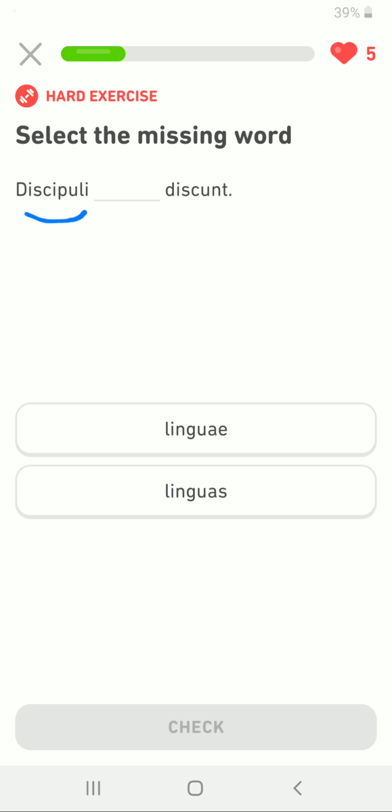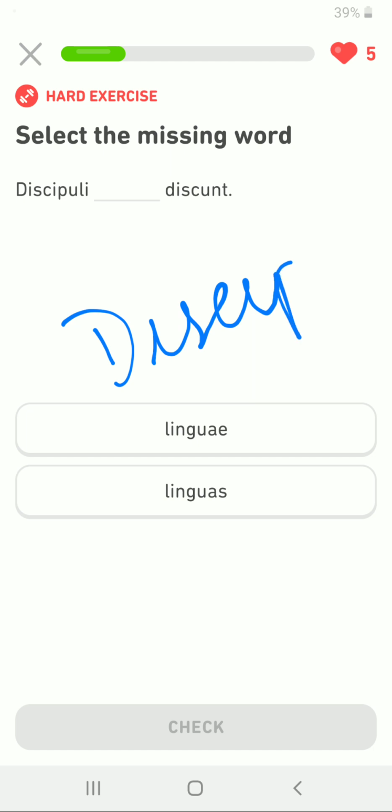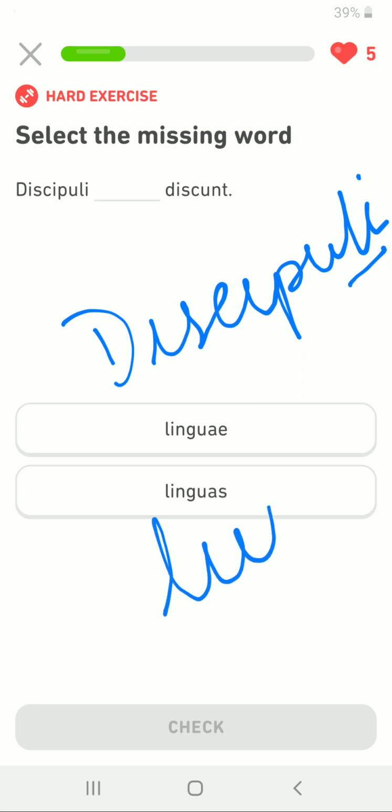Discipuli. Notice that the ending shows that it's not singular, and in this case it is masculine plural. So discipuli, it's puli instead of pulos, which would be the ending of masculine singular.